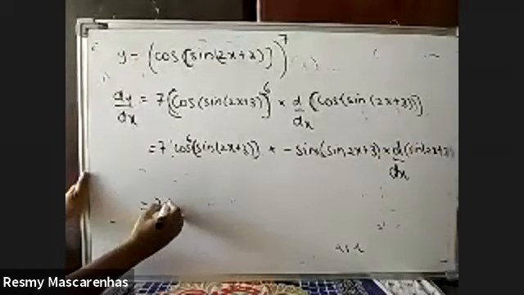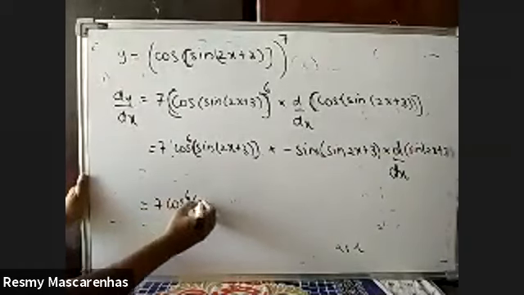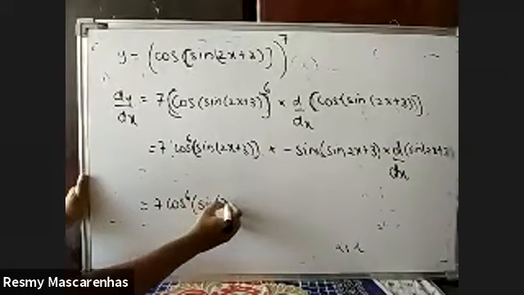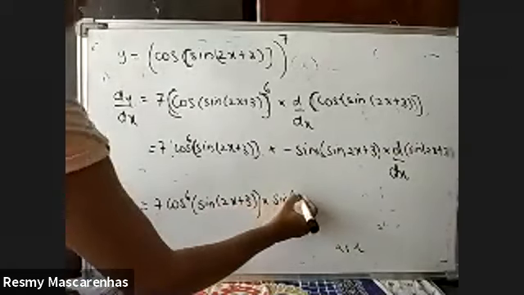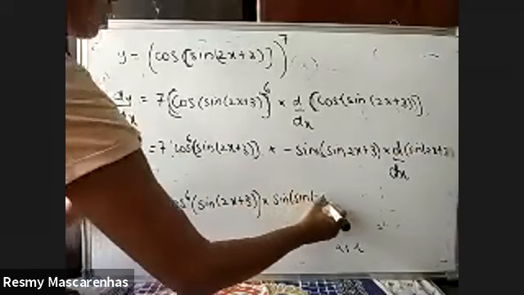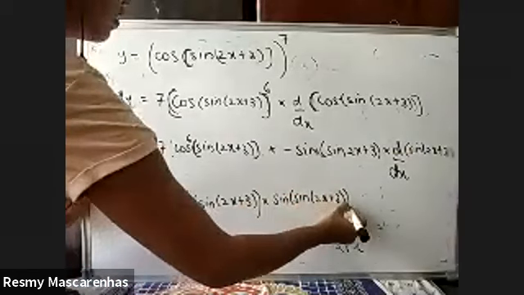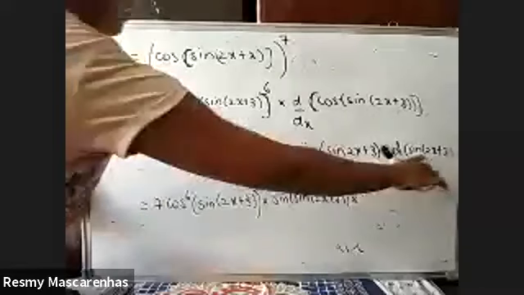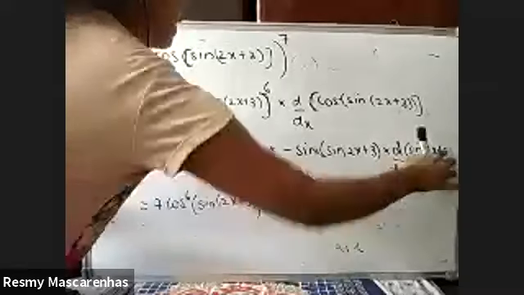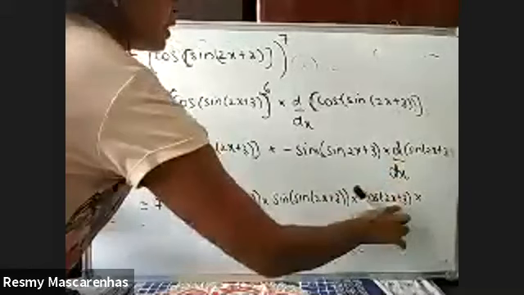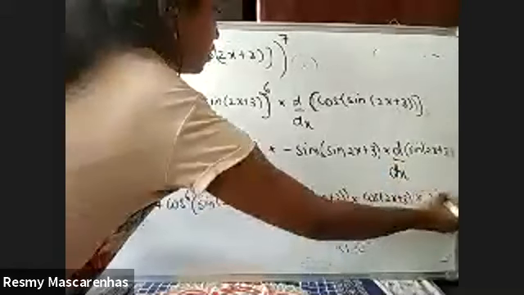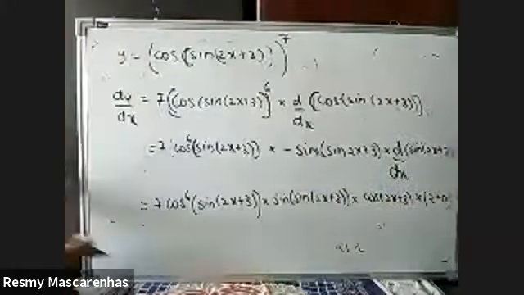And last step, sine of something is what? Cos of that into the derivative of 2x plus 3, which is how much? 2 plus 0. So that will be your answer.